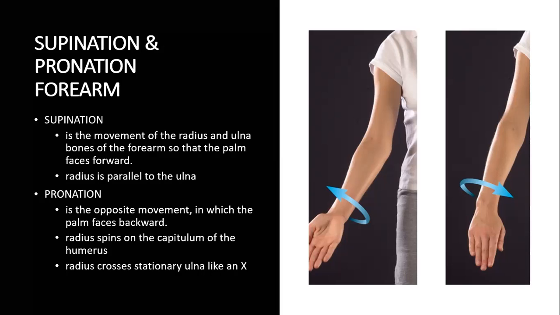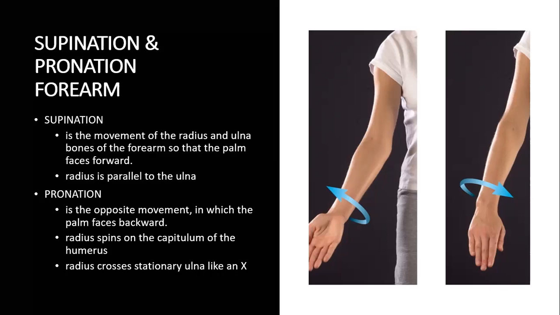This is a movement of the forearm or a movement of the antebrachium. What happens with supination is the radius and the ulna move the forearm so that the palm faces forward, or faces upward.